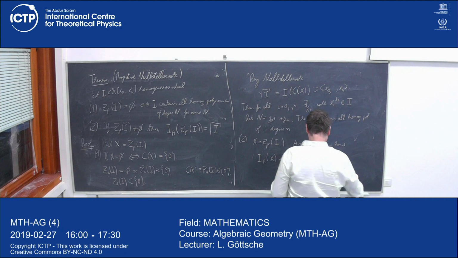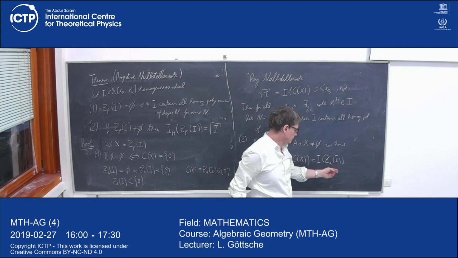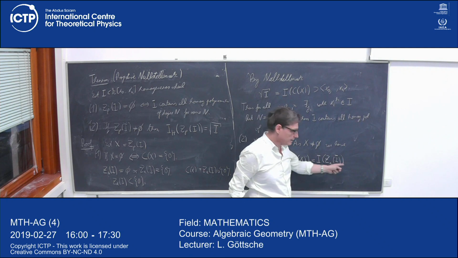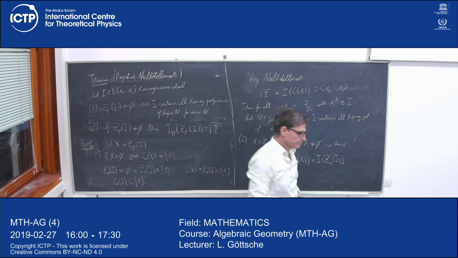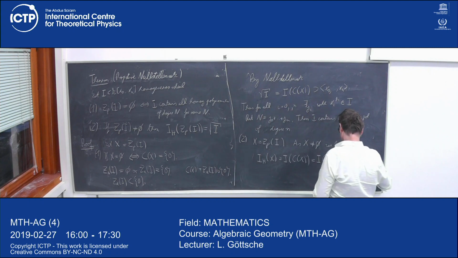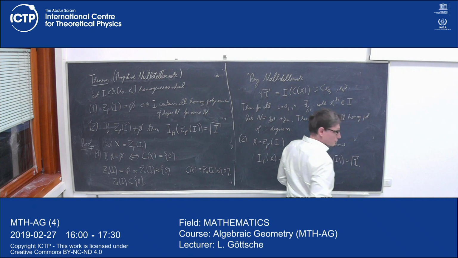So we have an ideal in k[x0, ..., xn], look at its affine zero set in A^(n+1), then the ideal of that is the radical of I, by the Nullstellensatz.